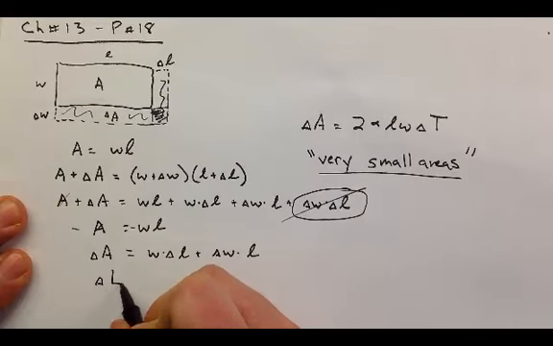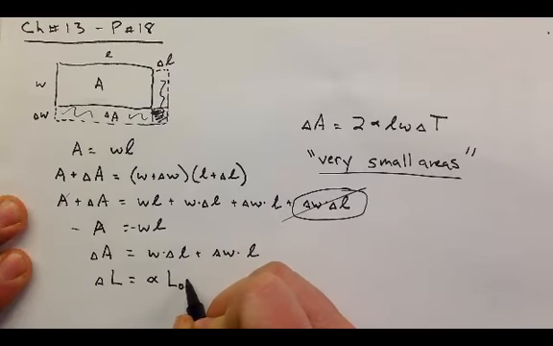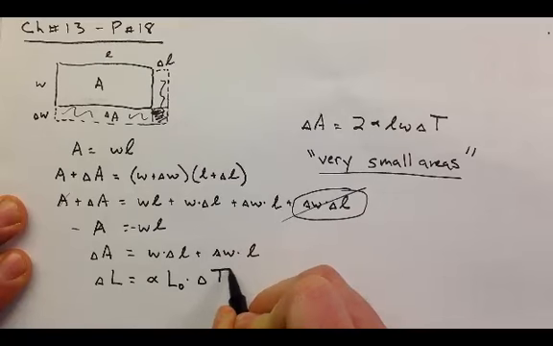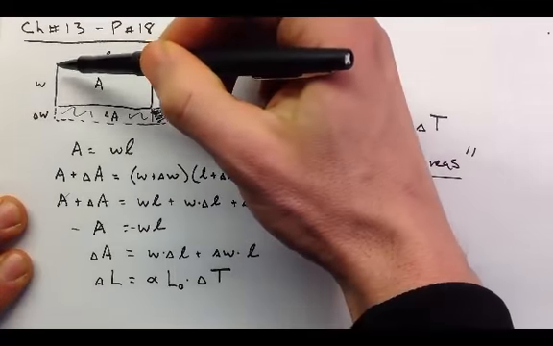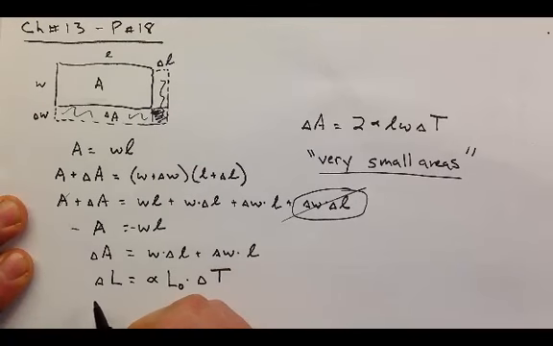Remember here that in general our formula is delta L is equal to alpha times L naught times delta T. And this would apply both to the width and to the length. Okay? So I think it would be pretty reasonable for us to say delta L is equal to alpha L delta T, right?